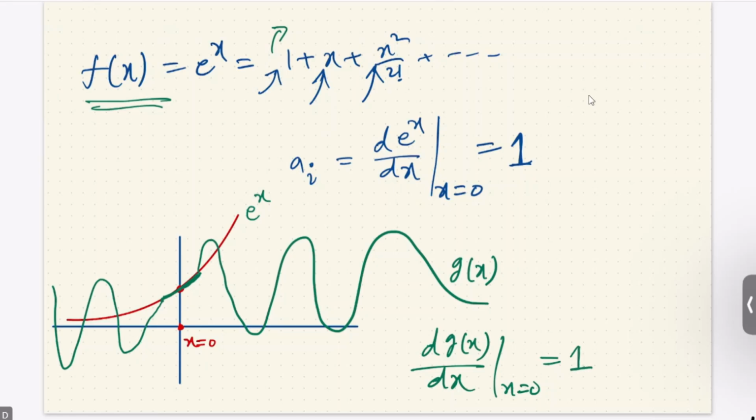Am I correct or not? Because I maintained a local neighborhood equal to e^x at x equal to 0, within some epsilon neighborhood it is equal, and everywhere else it is different.